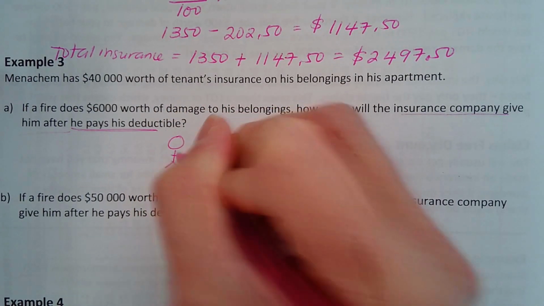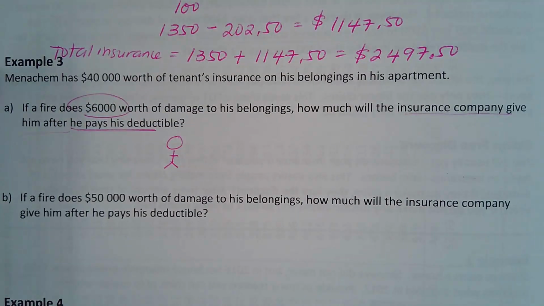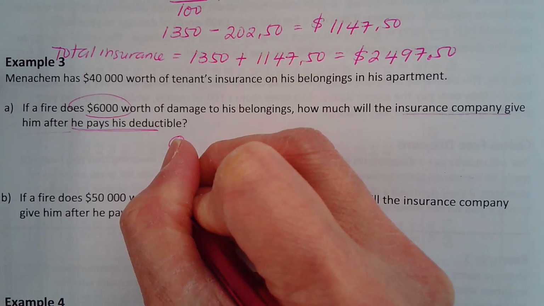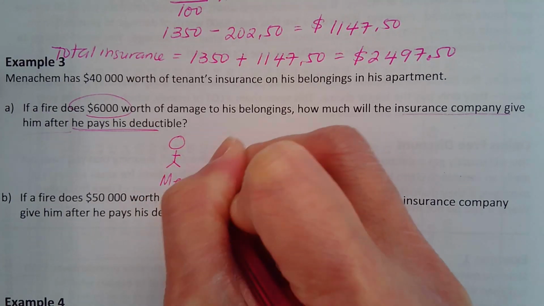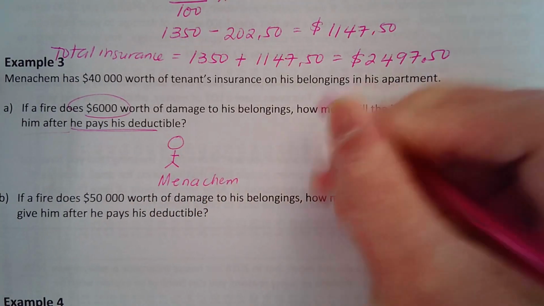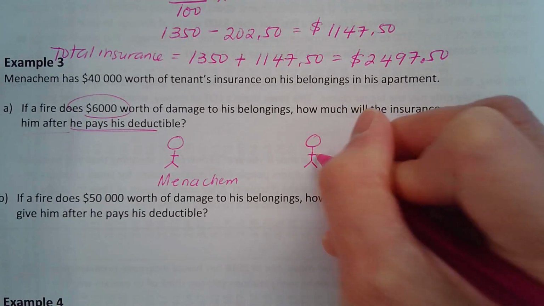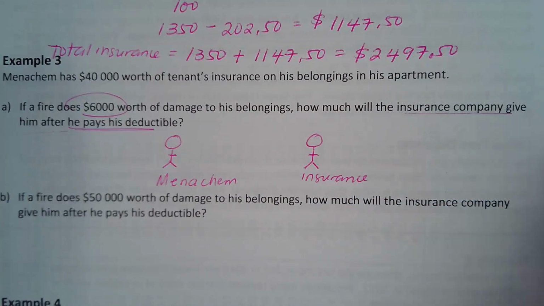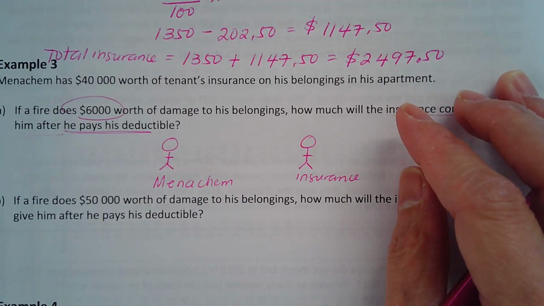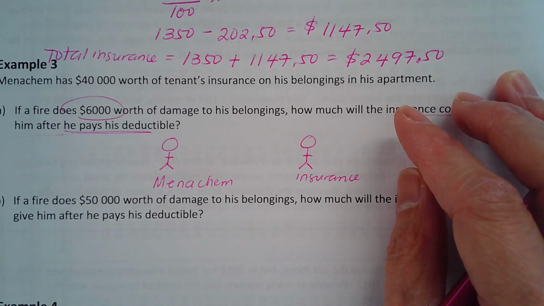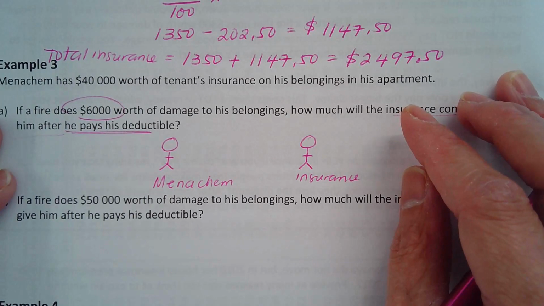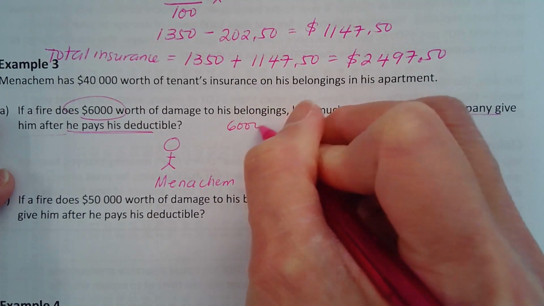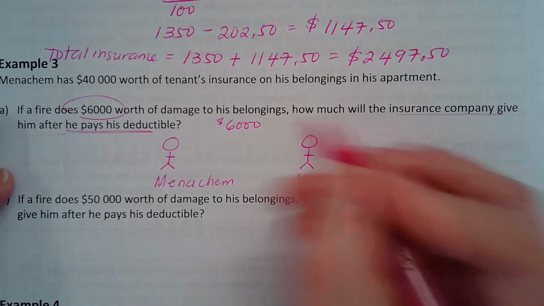How much is the damage? $6,000, right? This is Manicum. This is the insurance company. How much is the damage? $6,000. So $6,000 is the damage.